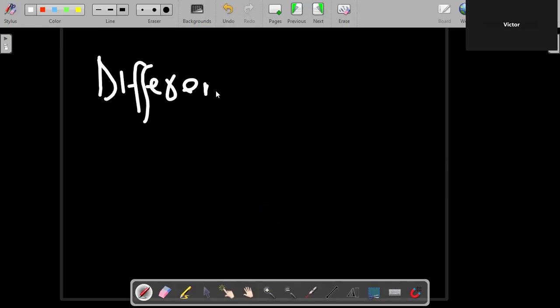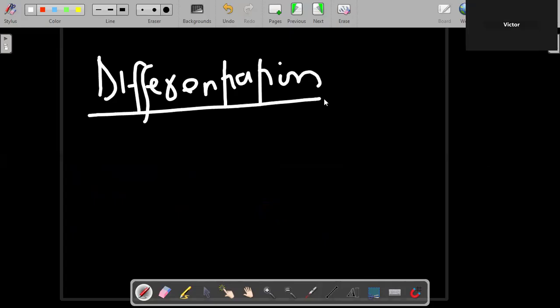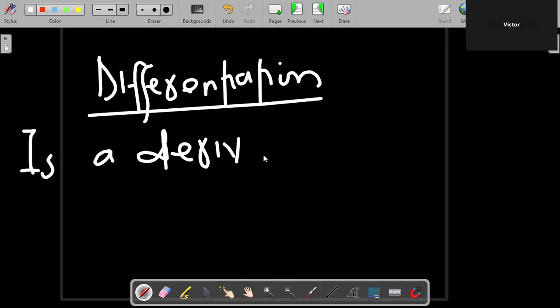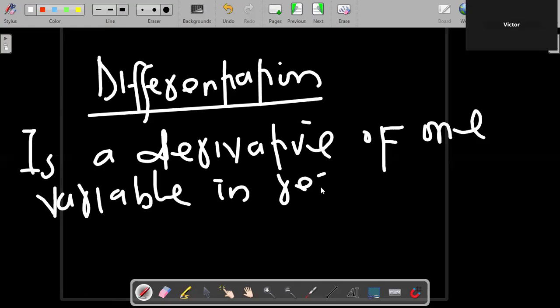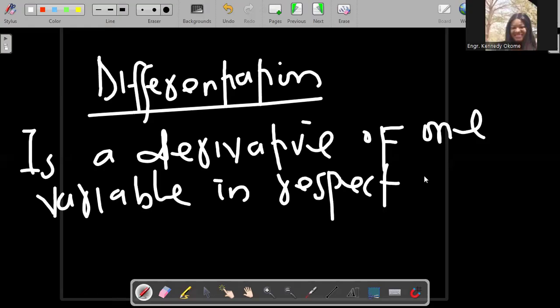Differentiation is also known as a derivative. I'm not going deep. It's a derivative of one variable in respect to another variable.